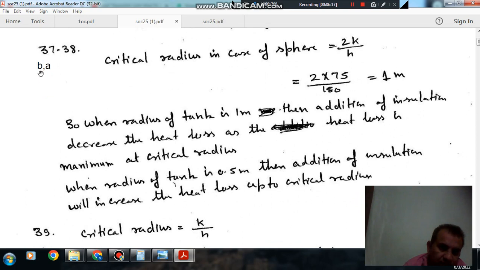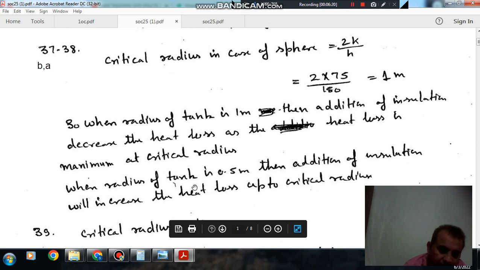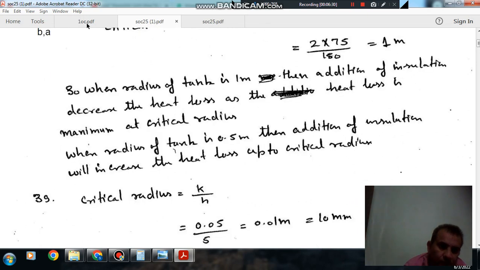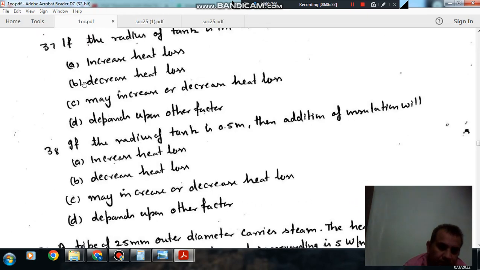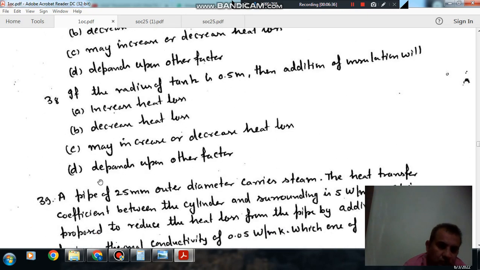So the answer to question 37 is B. When the radius of the tank is 0.5 meter, the addition of insulation will increase heat loss up to the critical radius, that is up to 1 meter. So the answer to question 38 is A. The answer to question 37 is decreased heat loss, and the answer to question 38 is increased heat loss.